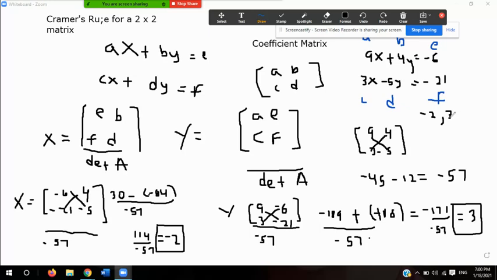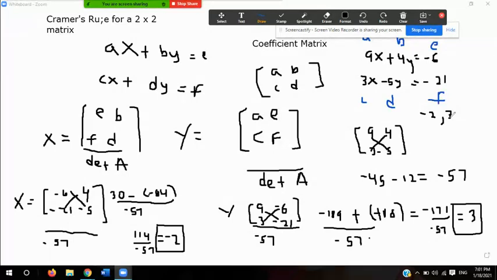So that's how we use Kramer's rule to find this answer for a system of linear equations.